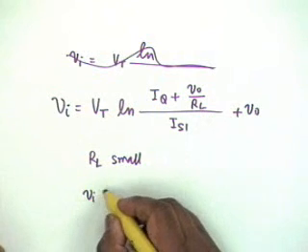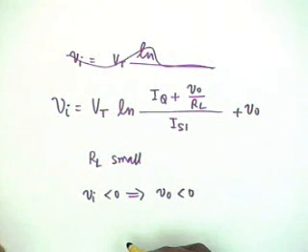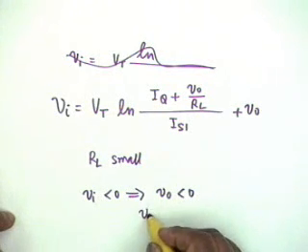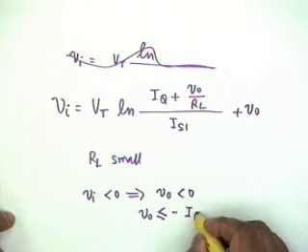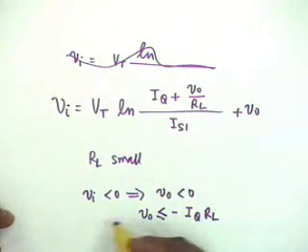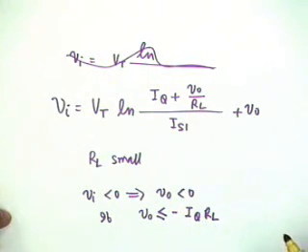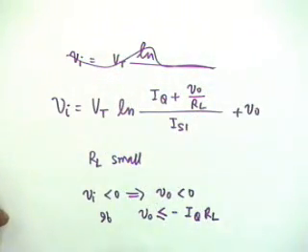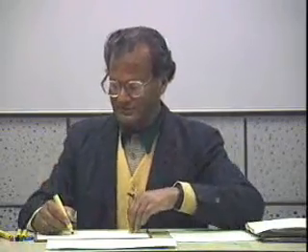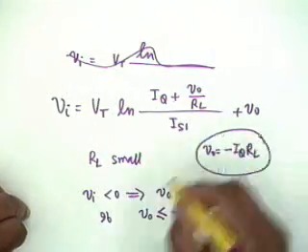So, when Vi is less than 0, V0 less than 0, and if V0 is less than or equal to minus IQRL, what will happen? This term cannot be found out. Physically, what will happen? Physically, suppose V0, let's consider this point, V0 equal to minus IQRL.